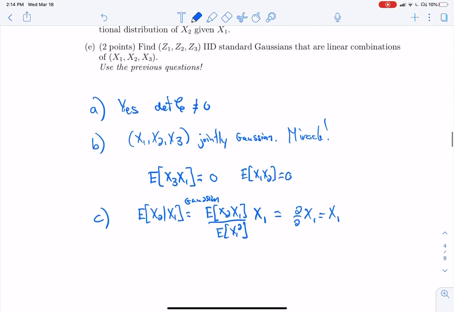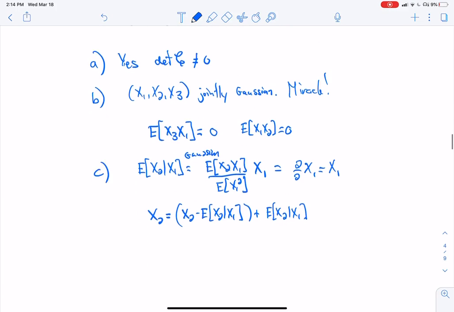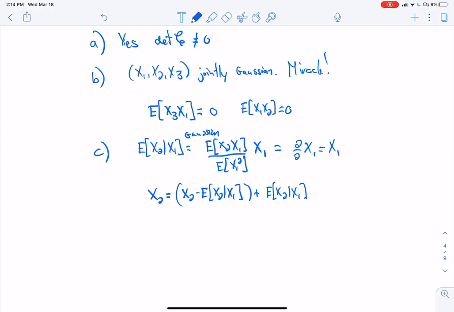Very simple. So I can write x2 as x2 minus the conditional expectation plus the conditional expectation. That's nothing. I just added and subtracted the same thing. Now what is great is that these two random variables are orthogonal. You can just compute the covariance, and that implies, because they're Gaussian, again, covariance 0 means independent, that they're independent.